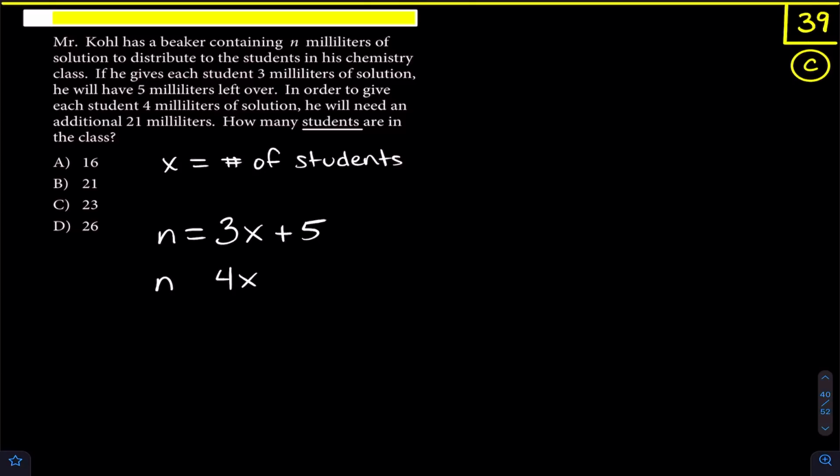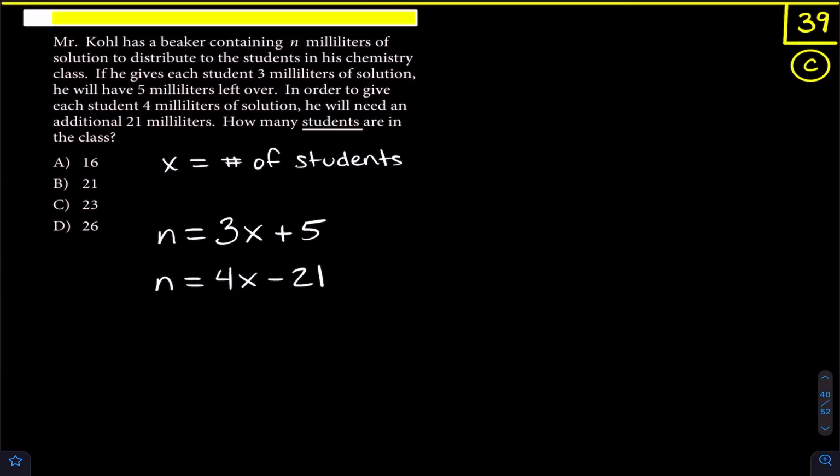He doesn't have enough to give 4 milliliters to every student. He needs an additional 21 milliliters. So the total amount that he has isn't 4x, it's 4x minus 21, because after he gives out that 4x, he still needs 21 to actually give everybody 4 milliliters.